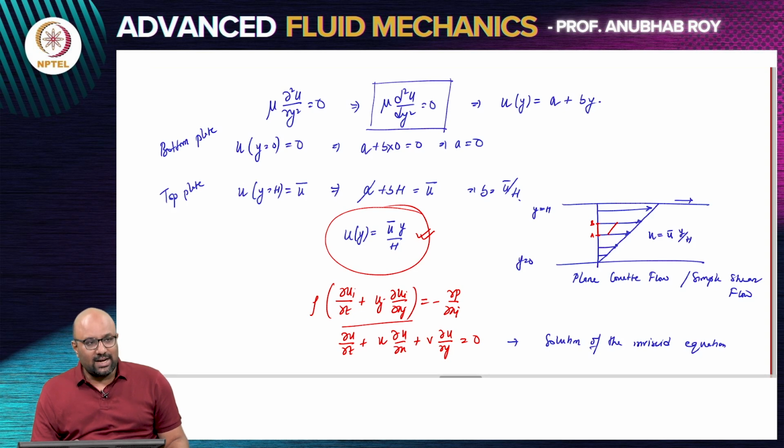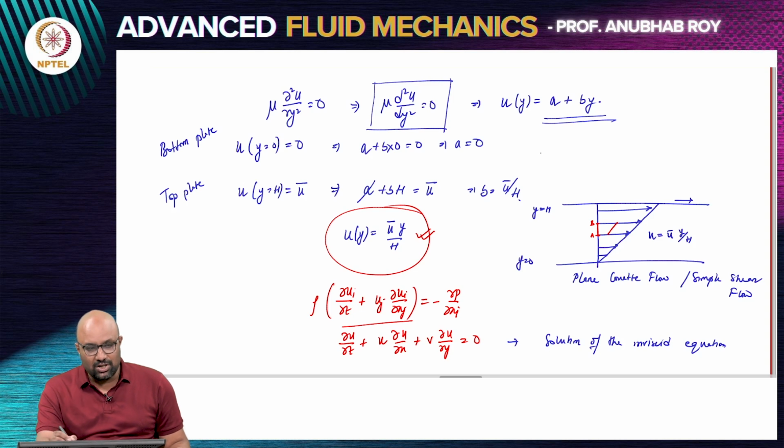Right? You said that the viscous force is 0, and by equating the viscous force to 0, you obtain a velocity field that has a linear variation. Now, viscous force being basically 0 implies that your shear stress is a constant everywhere in the problem.